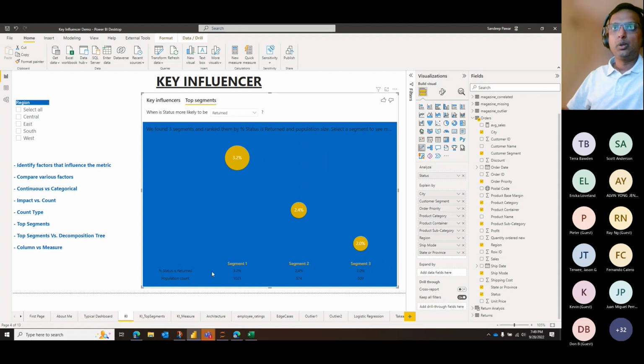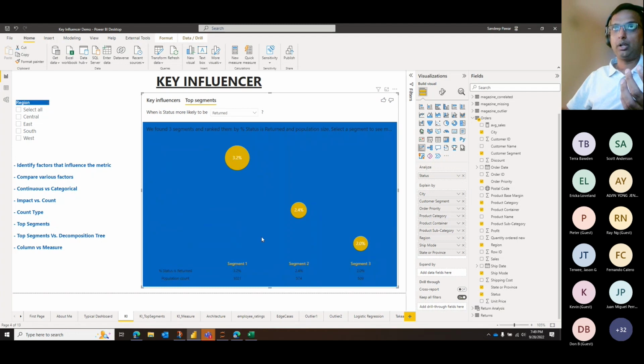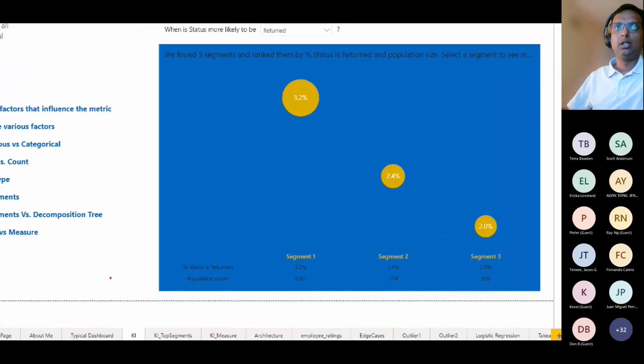Then at the bottom, you will see the percentage status return is 3.2%. So let me give you again a baseline here. The overall average of the returns, percentage return, is 1%, which is what I'm seeing here, 1.02%.